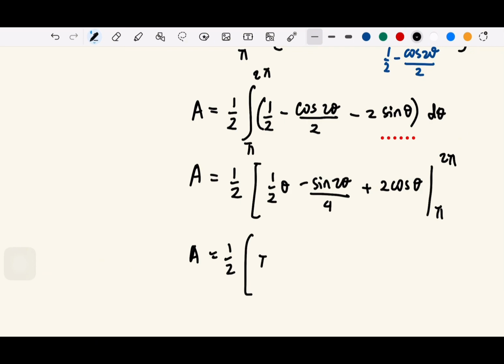So pi, right? And then plus 2. And then minus pi over 2, right?